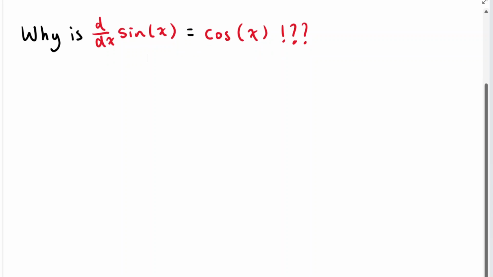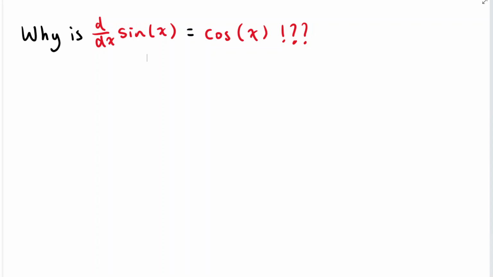Today I wanted to talk about why the derivative of sine x is equal to cosine x. Firstly, it might seem unintuitive, as there doesn't seem to be a linkage between these two. When I first learned about this, I was told to just memorize it. It's easier to memorize, but I always wanted to think, why is it like that?